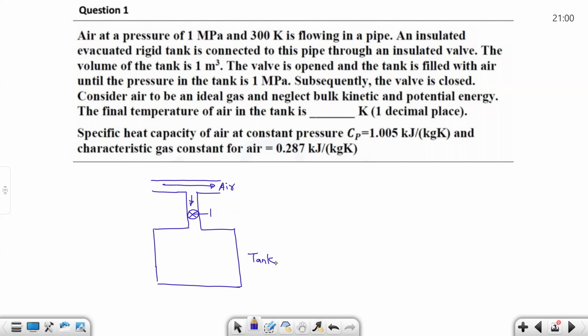The air pressure, maybe we take it as PA, is 1 MPa, and the temperature of the air flowing in the pipe is 300 Kelvin.